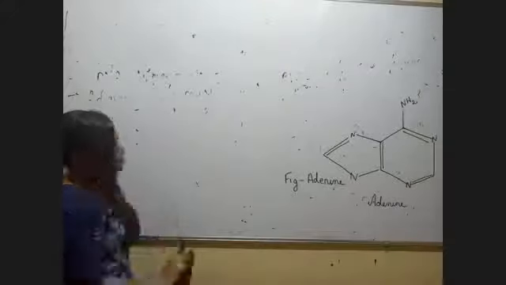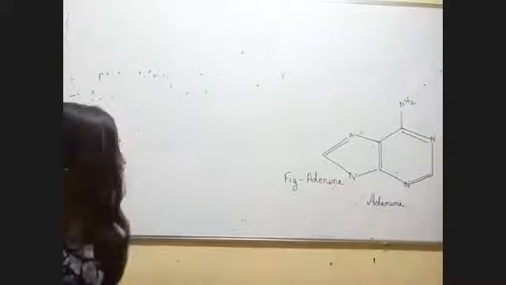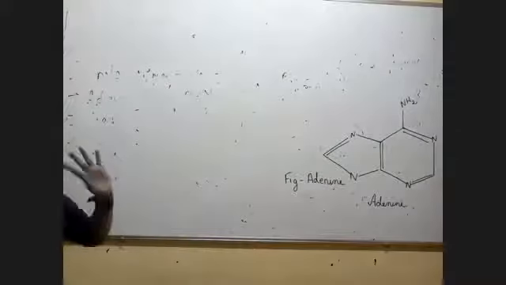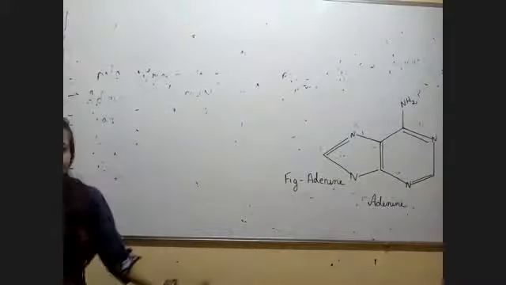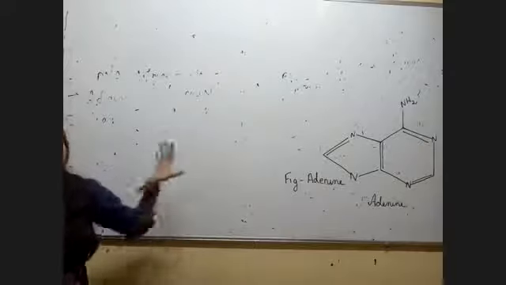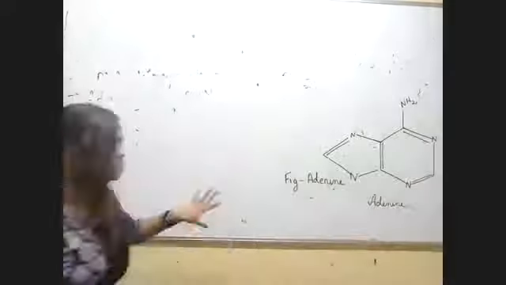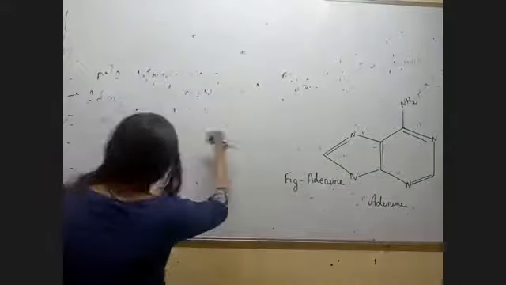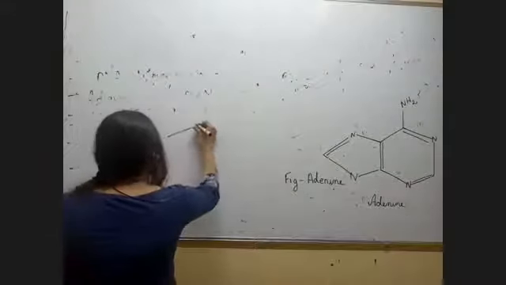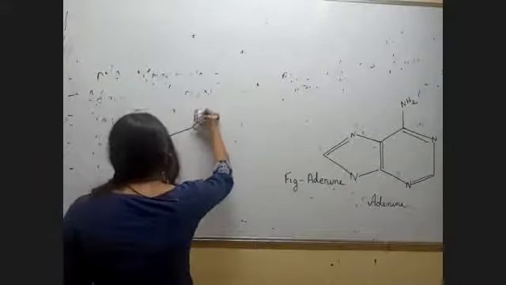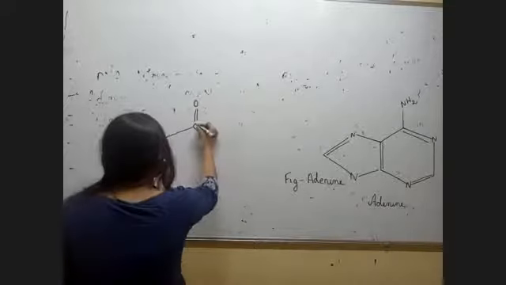Out of this, you have to know the adenine structure only, because adenine is given in the NCERT book. For the other structures, which I will explain further, you need to know them. Okay, the guanine structure, and this same part you will get in your class 12 syllabus also.